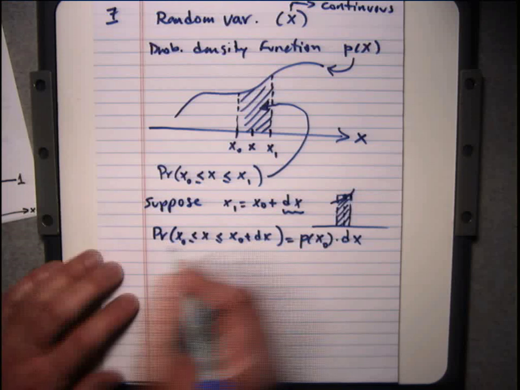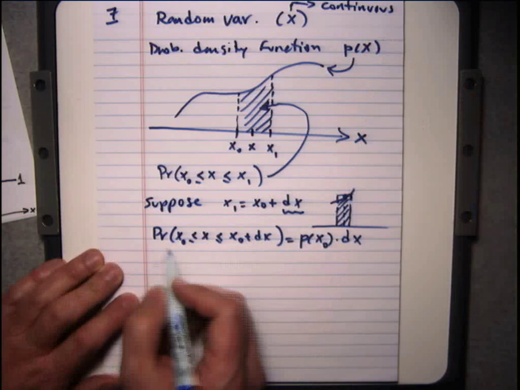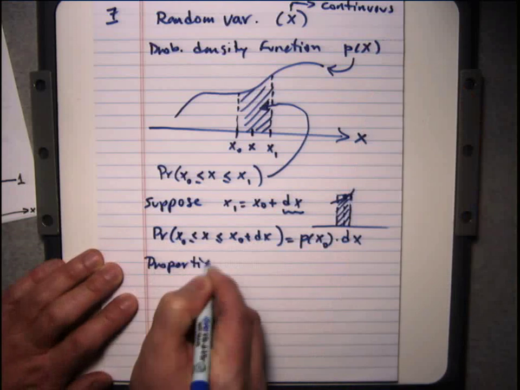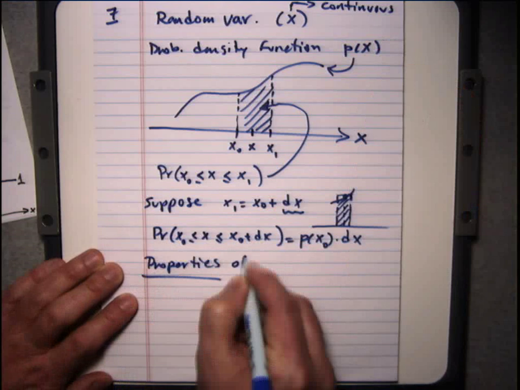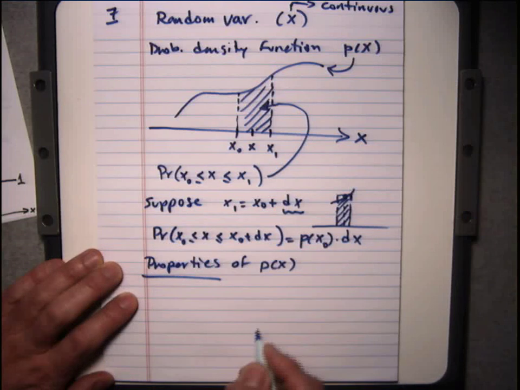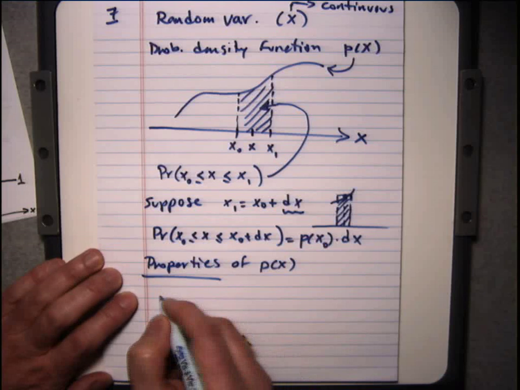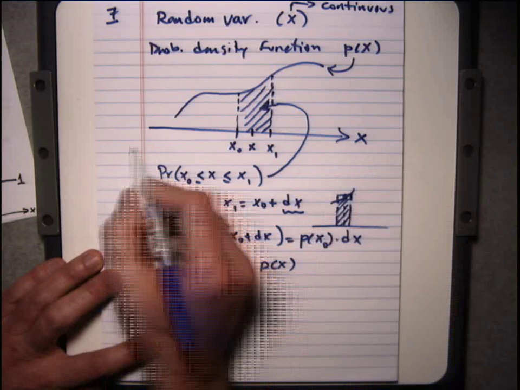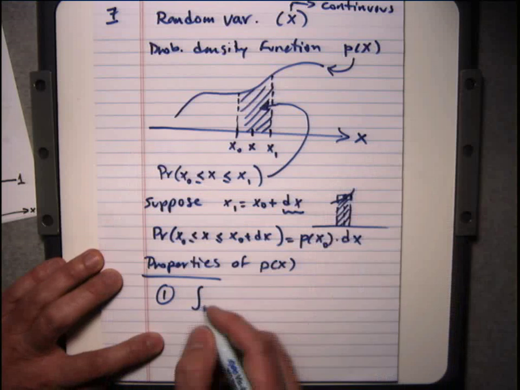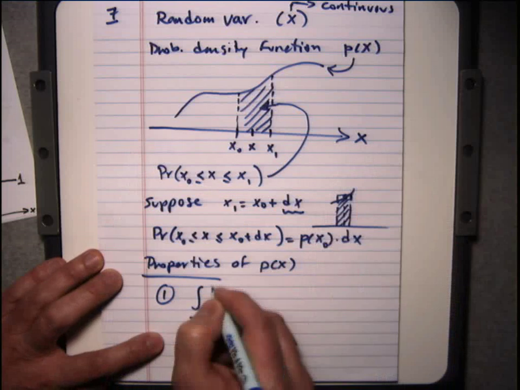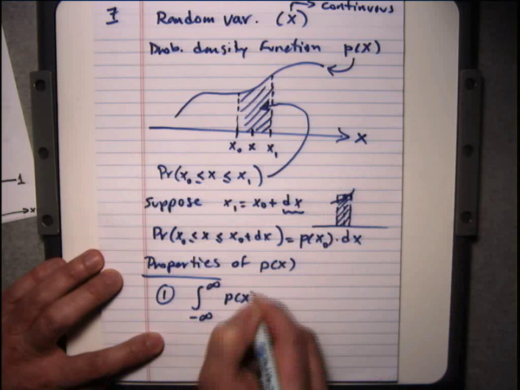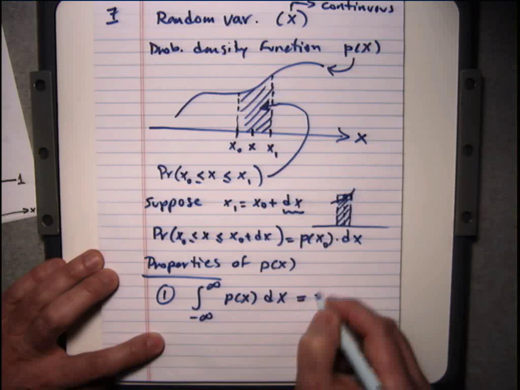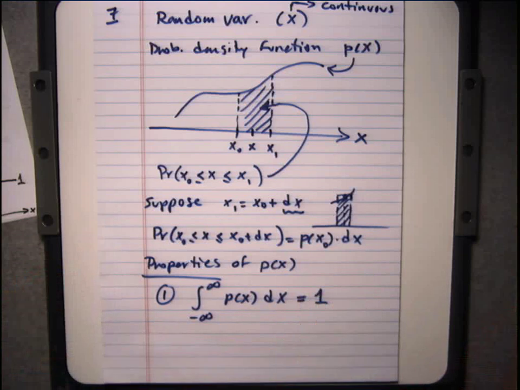So what are some of the properties of this PDF? Properties of this P of x. Well, a couple of very important ones. The first one is that if you integrate, let's say this x here is going from minus infinity to infinity, if you integrate P of x dx from minus infinity to infinity, you have to get 1. Okay. Why?